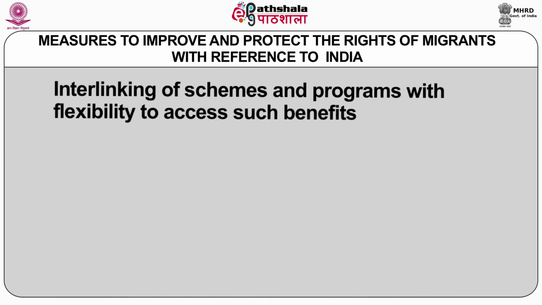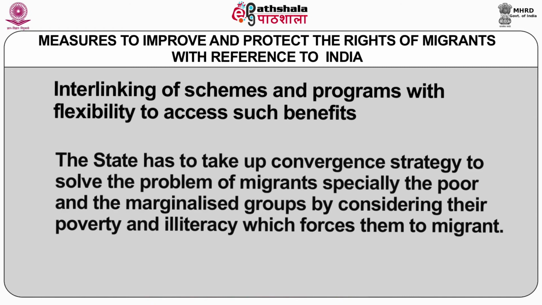Interlinking of schemes and programs with flexibility to access such benefits. The state has to take up convergence strategy to solve the problem of migrants, especially the poor and the marginalized groups, by considering their poverty and illiteracy, which force them to migrate.